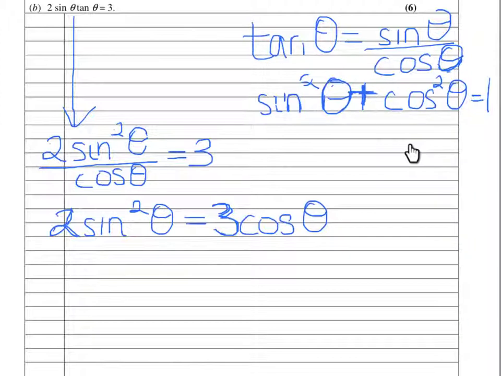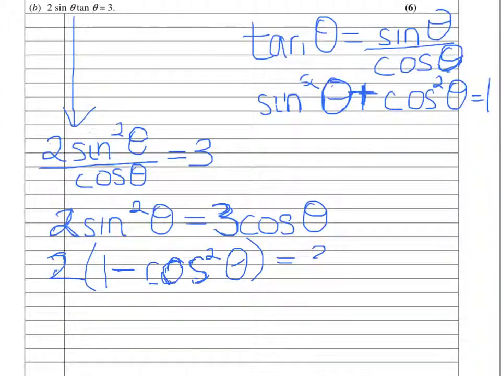Sine squared theta is the same as 1 minus cos squared theta. Once I substitute that in there, I will only have cos in the equation, which will be much easier to work with. So 2 times 1 minus cos squared theta equals 3 cos theta.